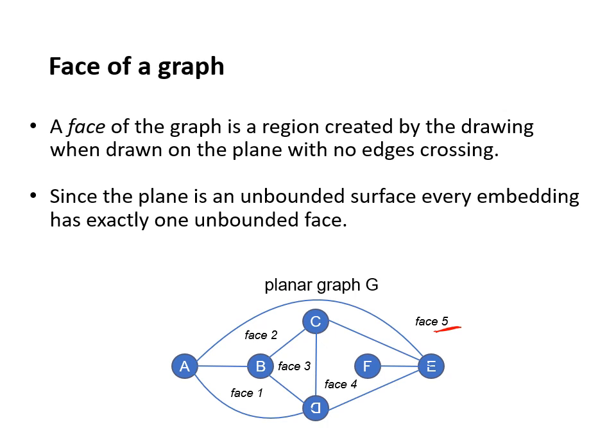And if we look into the graph, face 3 is, for example, this triangle here. Face 4 is this triangle here, and so on. So faces determine these regions that a planar graph defines.